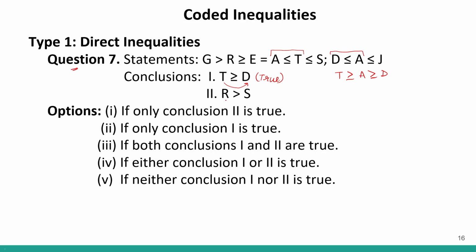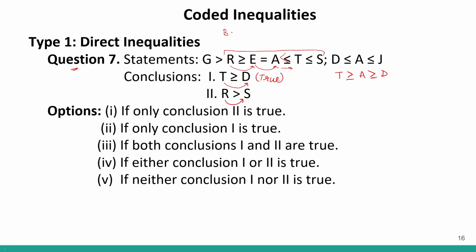Moving to conclusion 2. Conclusion 2 says R is greater than S. Correct? Over here, I can see this much information. Based on this much information, I can move from R to E, E to A, sorry. But I cannot move further because then we have a small door.